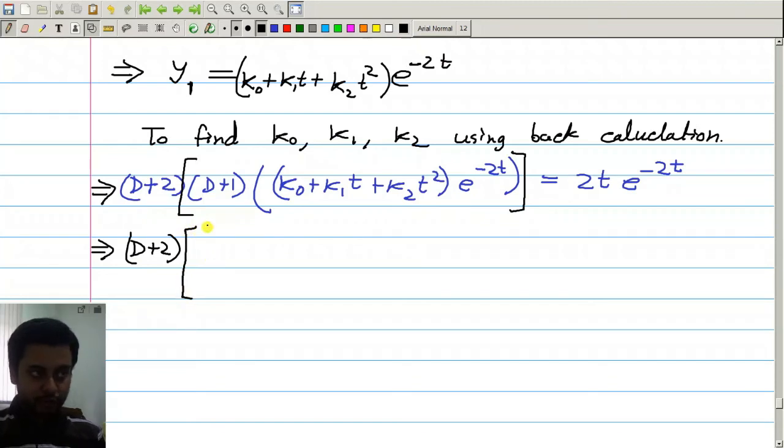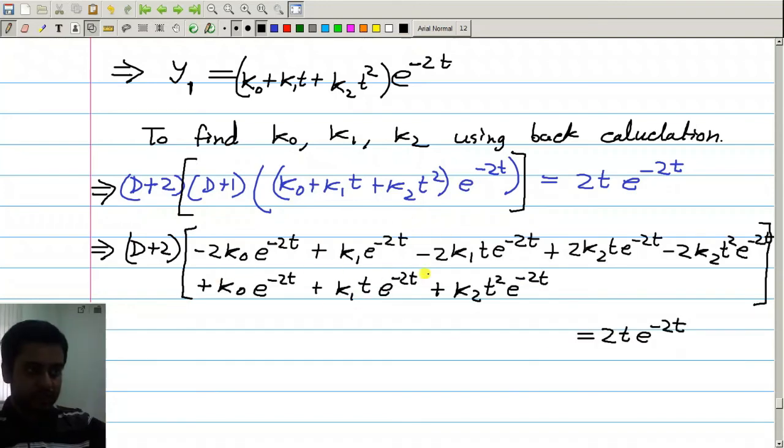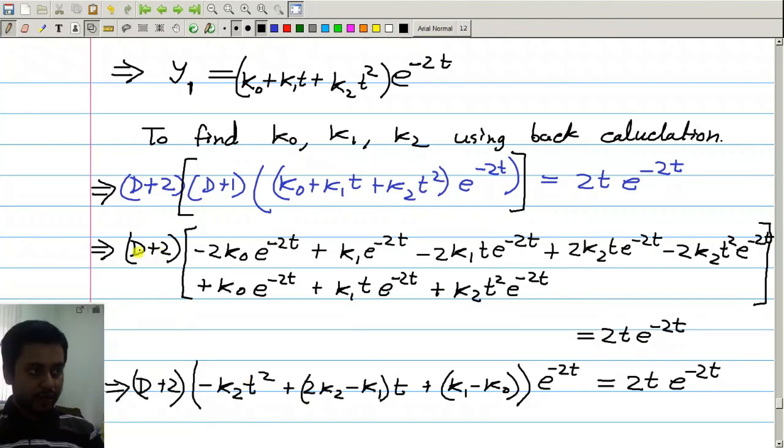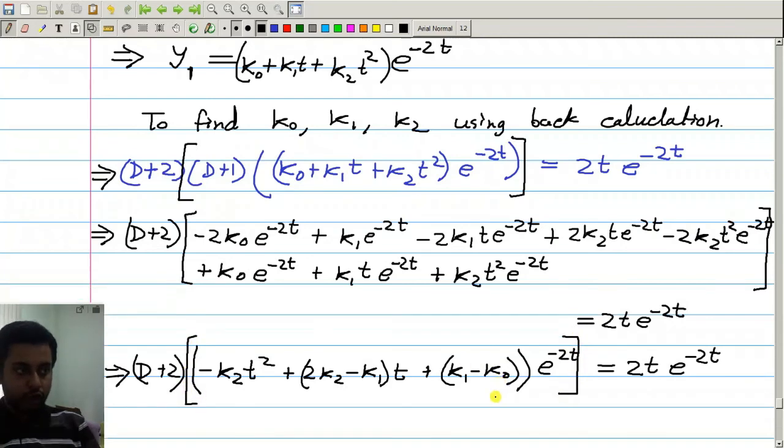If you carry out this operation, you will get this, and this is same as now applying this operator on this signal, you shall get the following.